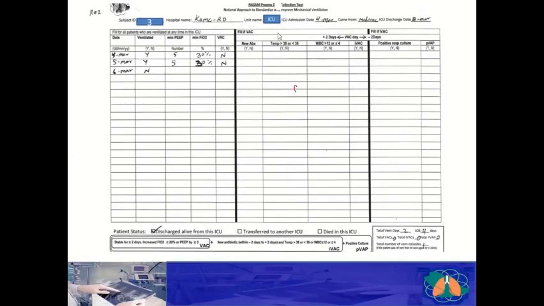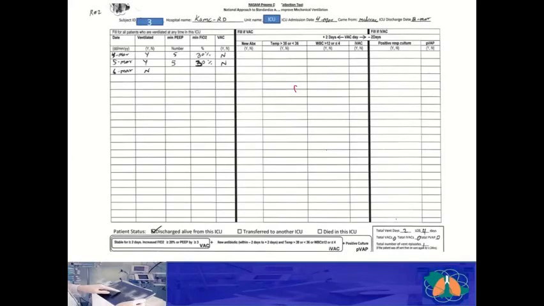And the length of stay here is documented as 4. So 4, 5, 6, 7, 8. It should be 5 days, not 4. Because if the patient was admitted on the 4th and discharged on the 4th, this will be counted as 1 day length of stay in the ICU.